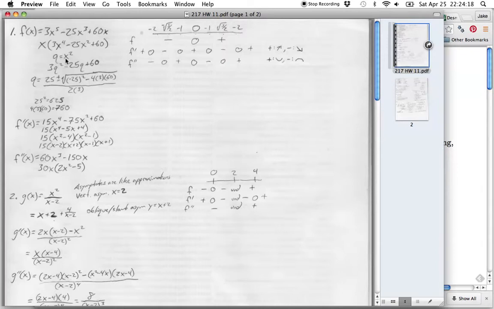If we put in q equals x squared, then we see we have this quadratic. And what we see under here is 625, which is 25 squared. It's negative, but that's squared, so it goes positive. And then here we have 4 times 3 times 60. That becomes 720, so you have a negative number, which means you're going to have imaginary roots, so everything else is imaginary.